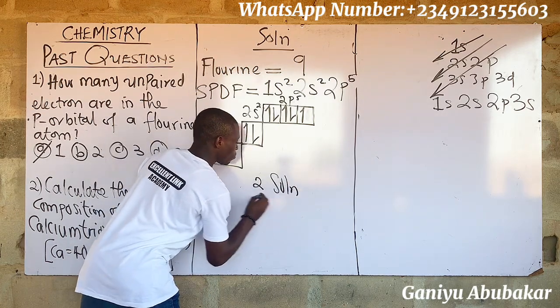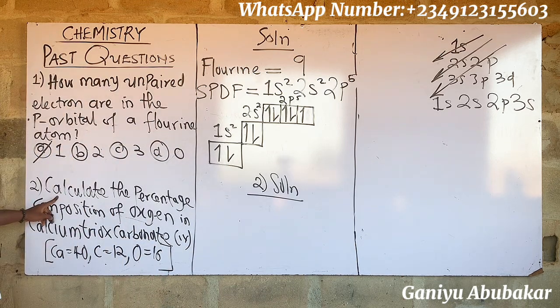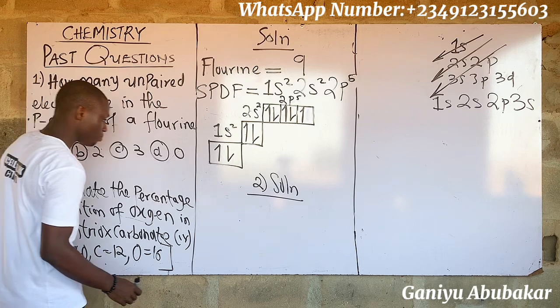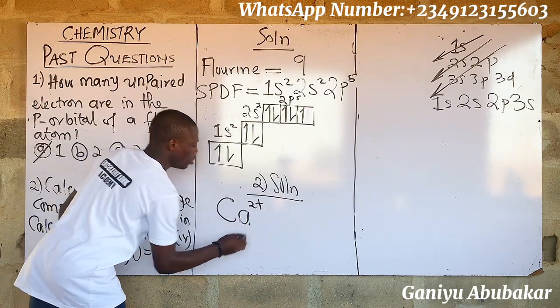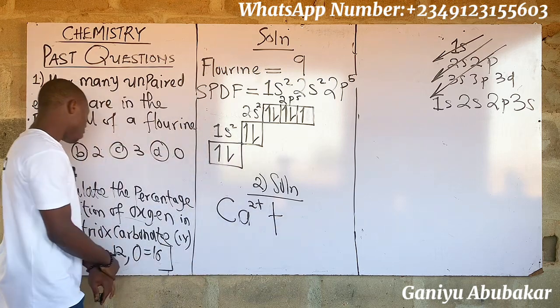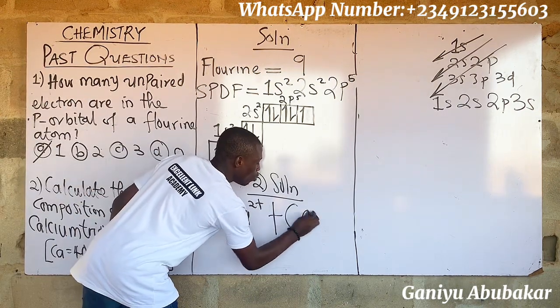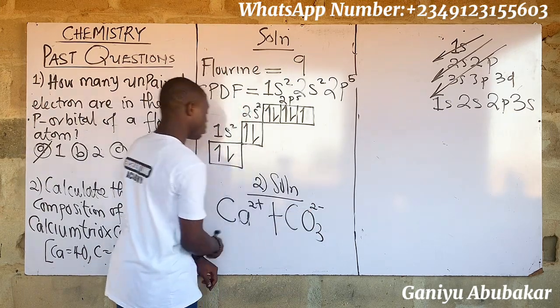Question number 2 solution. Calculate the percentage composition of oxygen. I know that in calcium trioxocarbonate IV, I have calcium, which is 2 plus, combined with trioxocarbonate IV, that's CO3 with 2 minus.